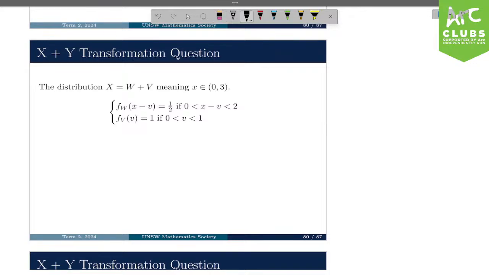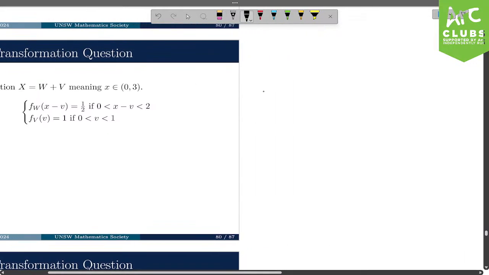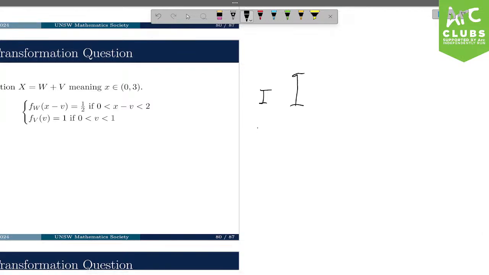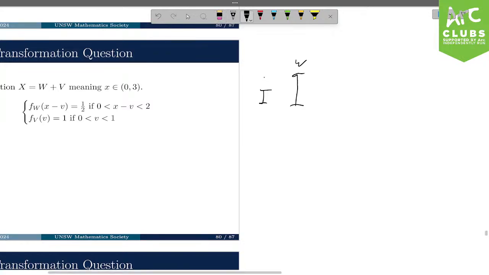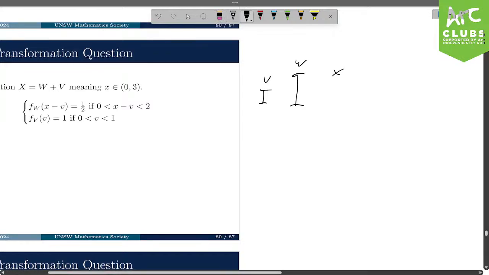So, going back to the way that I like to think about these kinds of summations of probabilities, I like to have these little diagrammatical explanations, right? So if I'm trying to make a number, I'll call this one W, this one's V, and I'm making X, okay?